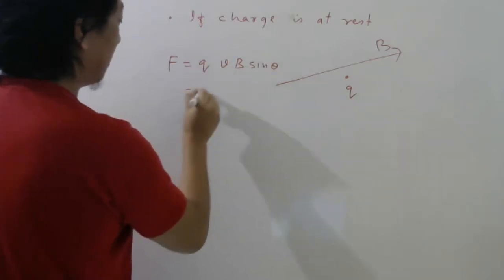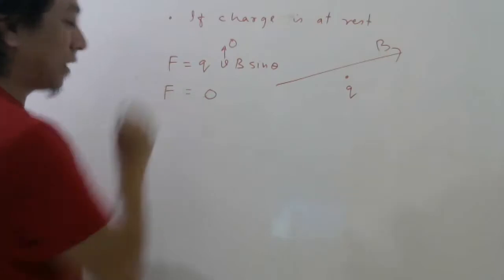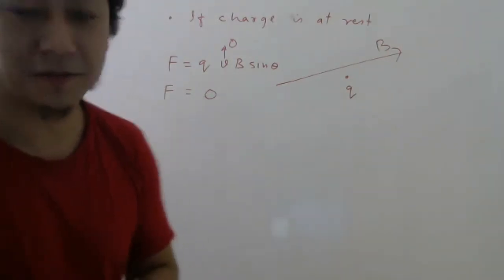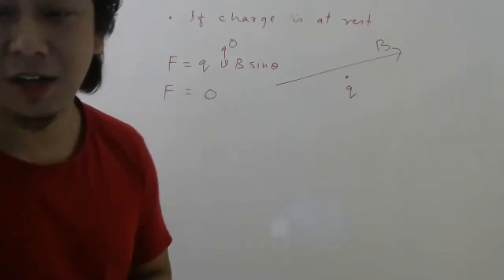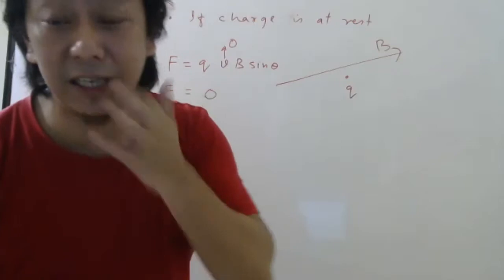So if velocity is zero, the whole thing is zero. Right? Aryabhatta has taught us if one of the numbers is zero, the product is zero. So remember this also.